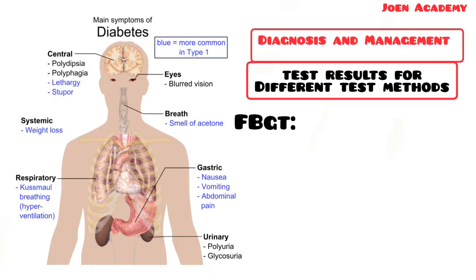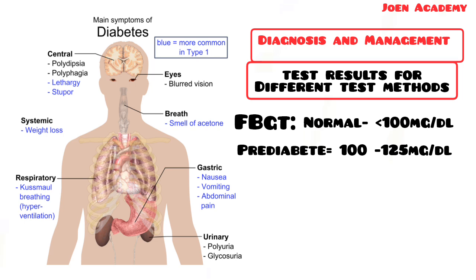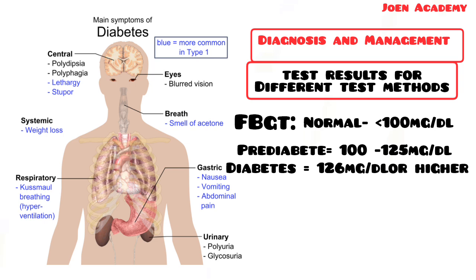For the fasting blood glucose test, it is in range when the value is less than 100 mg per dl. Then it is prediabetes when the value is between 100 to 125 mg per dl. And it is diabetes when the value is 126 mg per dl or higher.